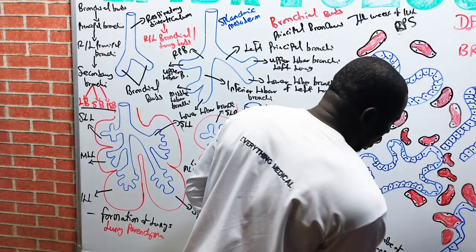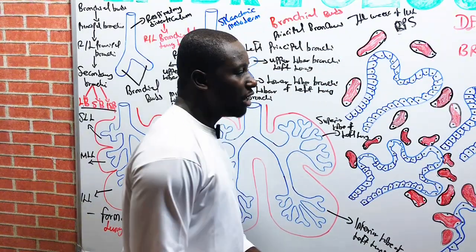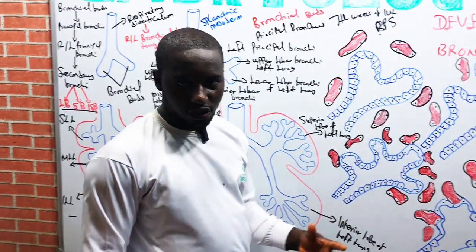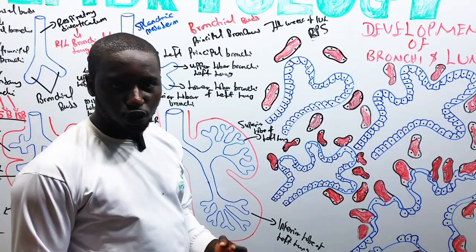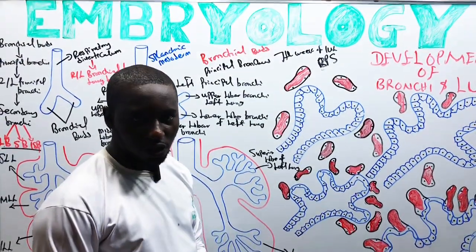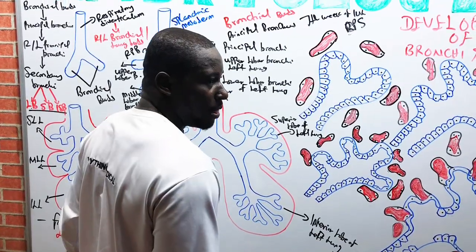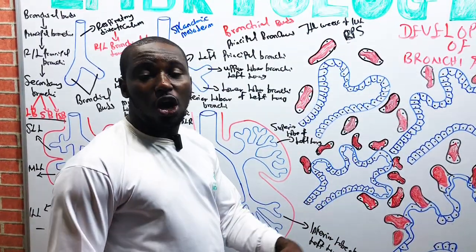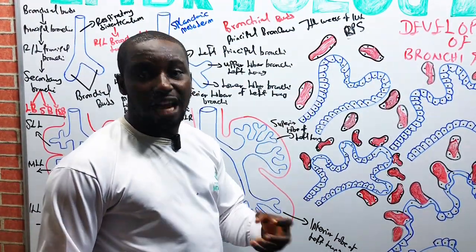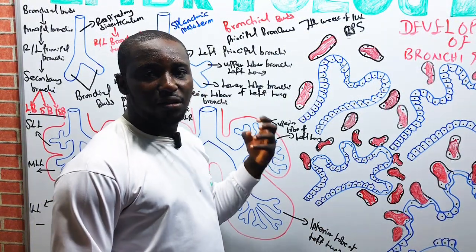So let's discuss the maturation of the lungs, because lungs mature. We have 4 stages of lung maturation. What we just discussed on the lung parenchyma is the origin of how lung evolved from the bronchial tree.